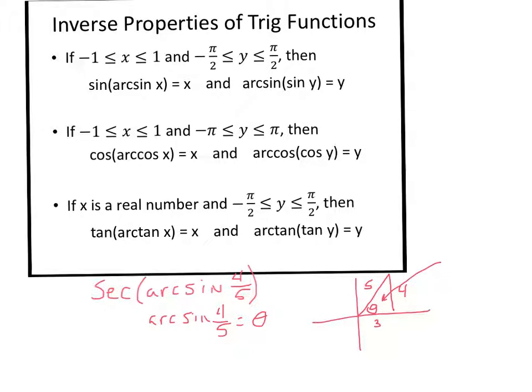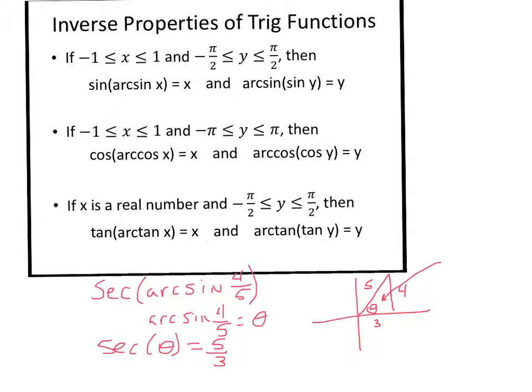Now we want to take the secant of theta. Well, the secant of theta is just going to be hypotenuse over adjacent. So the secant of the arcsine of 4/5 will actually be 5/3. You might have problems like this where you have to break down different values and combine different functions.